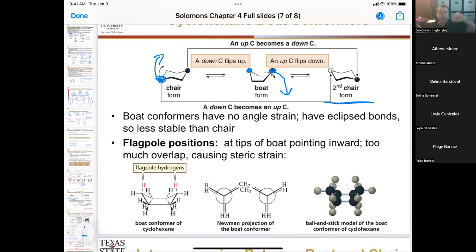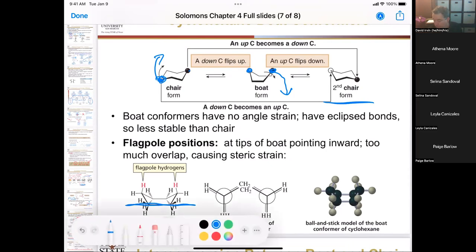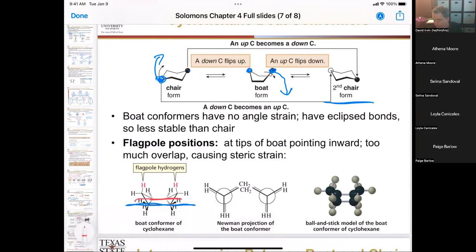Okay, now the boat conformation has no angle strain, but if we drew the Newman projection, we would see we are now in the eclipsed form. So when we take this right here, we're going to draw our Newman projection through this bond and through this bond here.